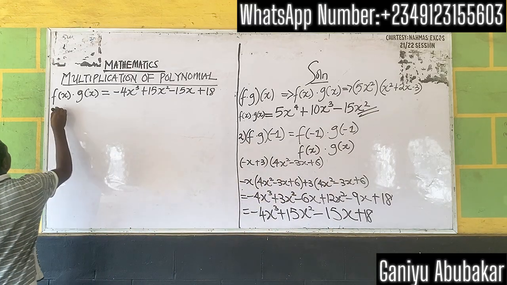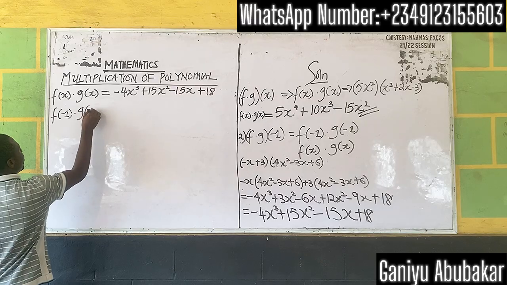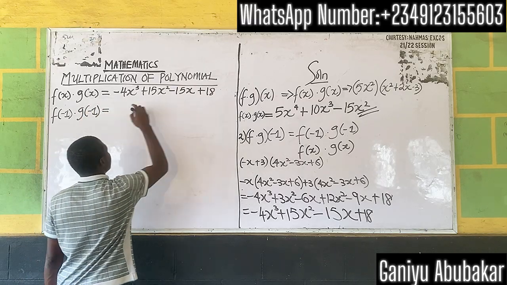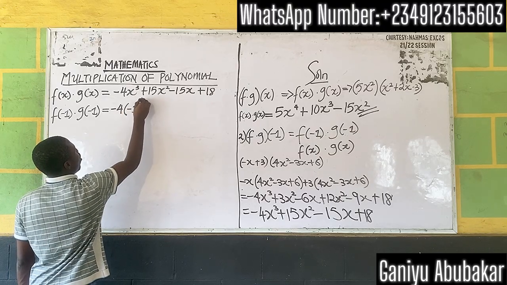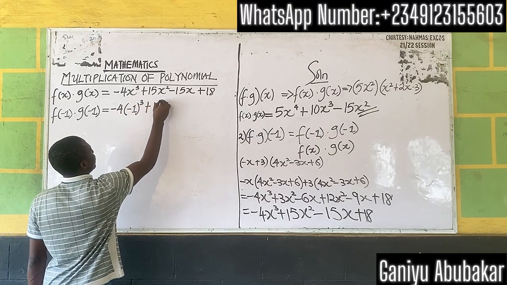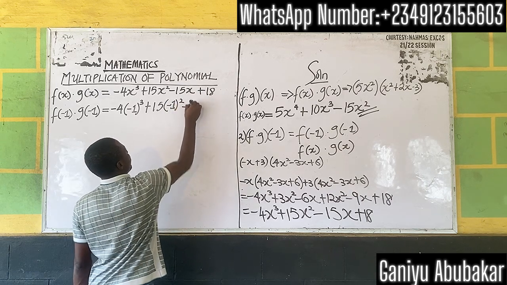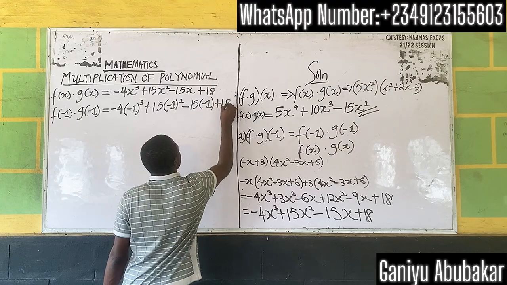So it means that f of minus 1 dot g of minus 1 is equal to, anywhere you see x here, put minus 1: minus 4 into minus 1 all to power 3 plus 15 into minus 1 all to power 2 minus 15 into minus 1 and then plus 18.